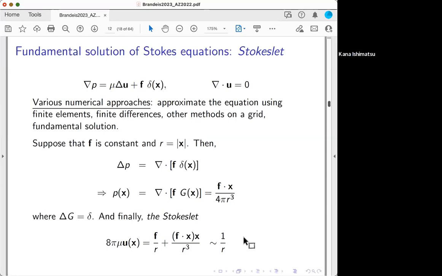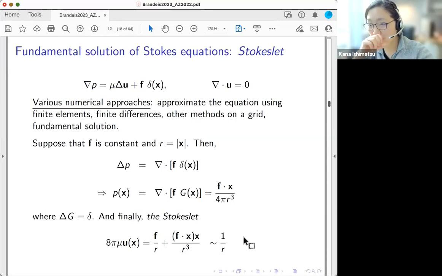I have a very naive question. I see people use different methods to calculate fluids. When is the time to use this Stokeslet?